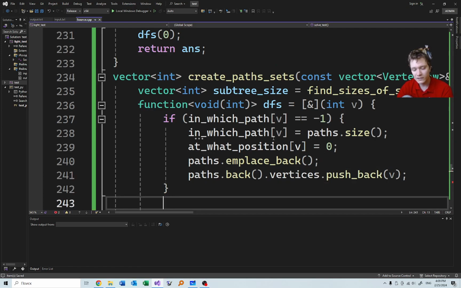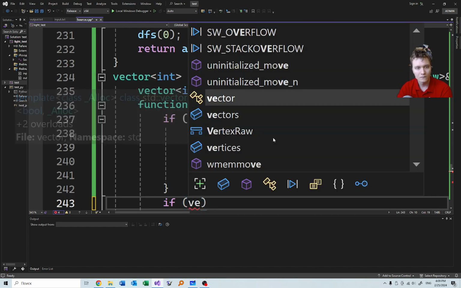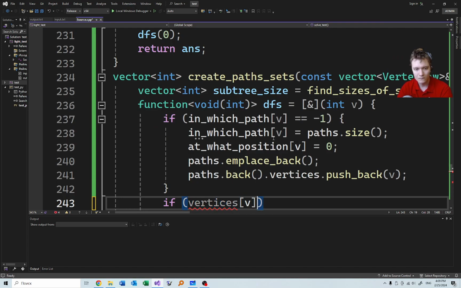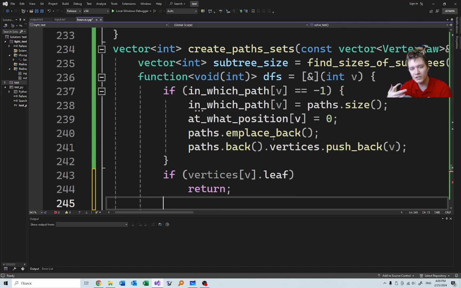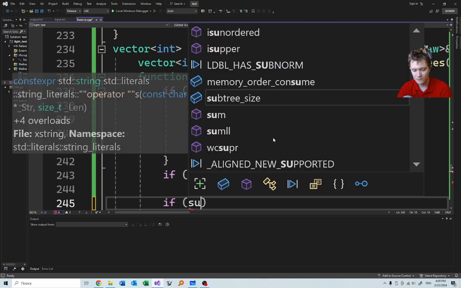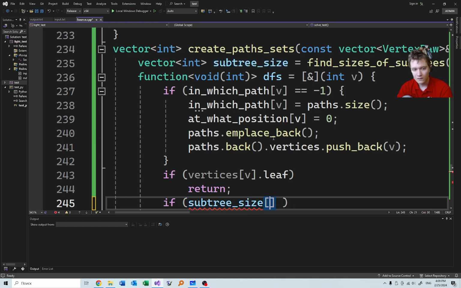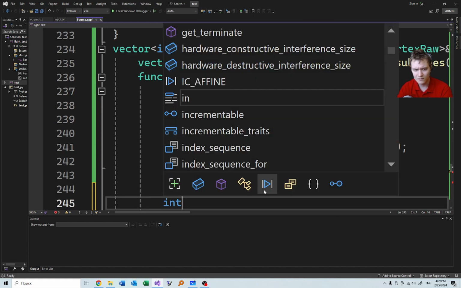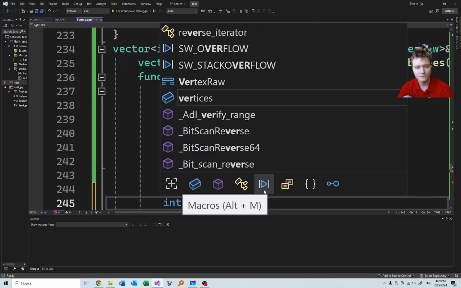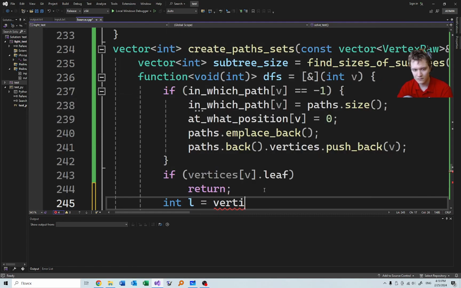Okay, now if it is not a leaf, then we need to look at the bigger of its children. So if subtree size of vertices, let's just write that L equals vertices v dot x and R is vertices v dot y.